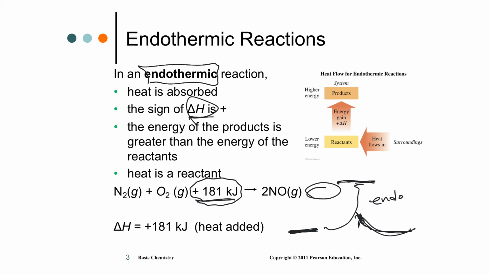I'm dumping heat into the environment. So if delta H is positive, okay, products minus reactants is positive, that means that products must have been high, reactants is low. Where did I get that energy? It had to come in from the outside. That's endothermic. Heat was added, and you think of it as a reactant. It goes on the left.